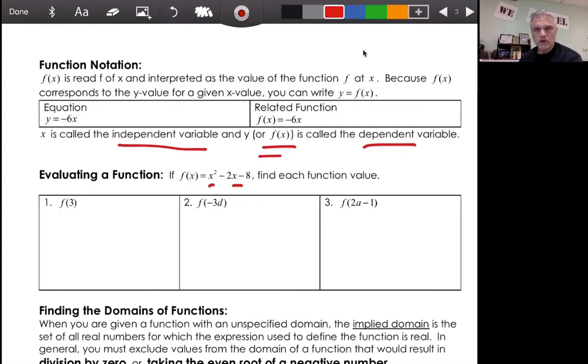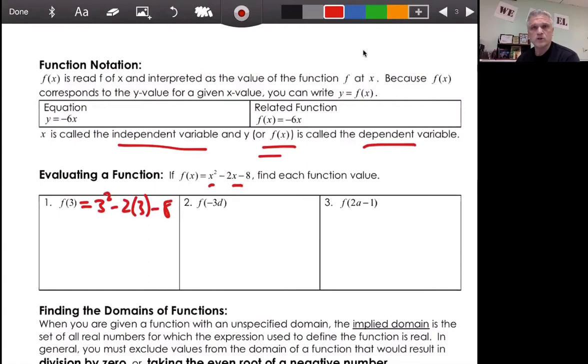Well, f of 3, all we're going to do is substitute the 3 for the x, because it's not f of x, it's f of 3. So f of 3 is 3 squared minus 2 times 3 minus 8. So you see we took f of x and we replaced the x with 3's.